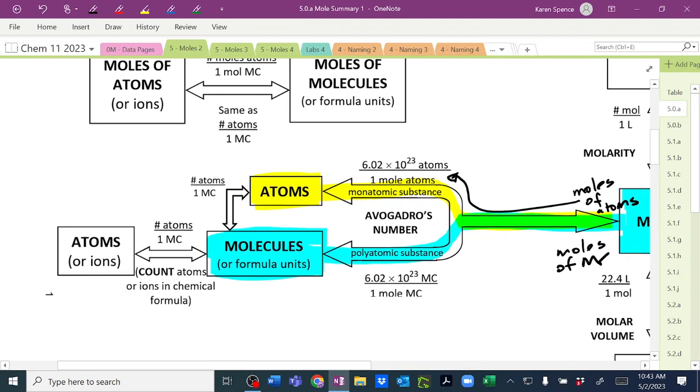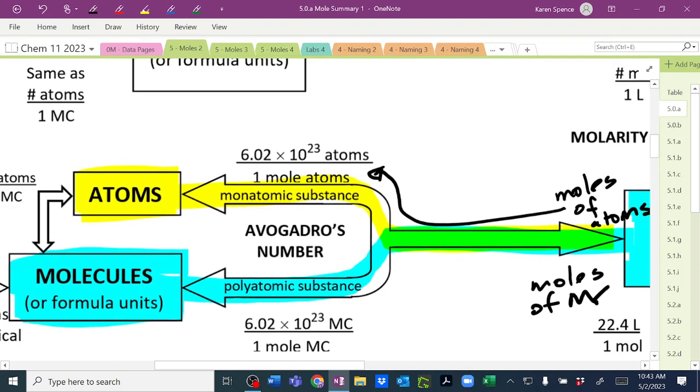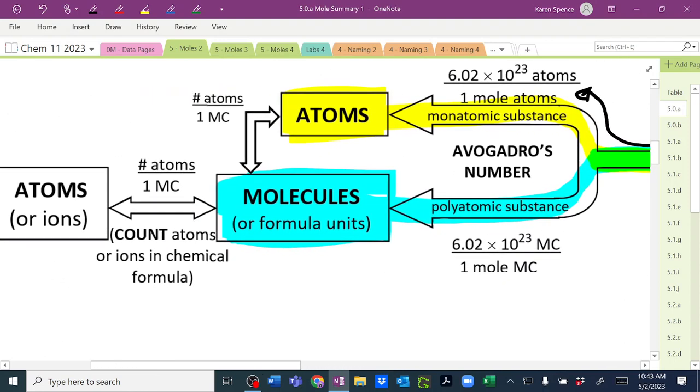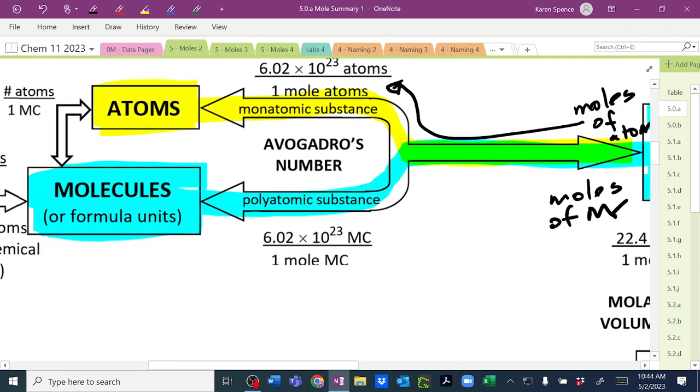And the second conversion factor that we've learned, this is the one where we have 6.02 times 10 to the 23 atoms per mole of atoms, or 6.02 times 10 to the 23 molecules per mole of molecules. If I gave you the moles of H2O molecules, you could find the number of H2O molecules.